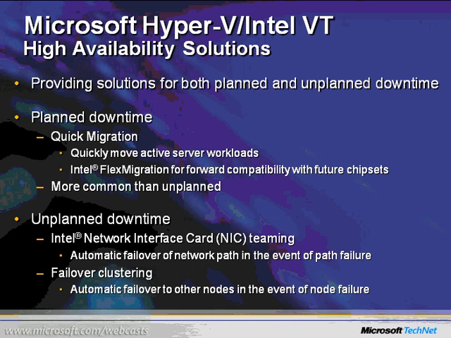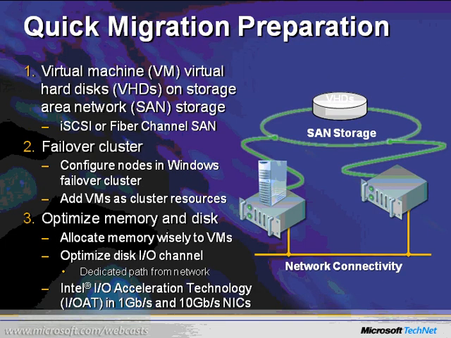With unplanned downtime, there's no way to save the state of the original running child VMs because the host that they were running on failed. So we don't have that nice graceful capability we had with planned downtime of being able to save the state first. Instead, the VMs are moved to a remaining host, and then they're restarted as a virtual workload on that remaining host.